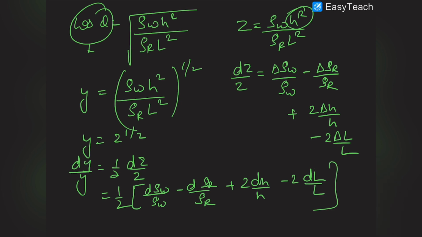Okay, so now we can also write down that h is equal to volume of liquid upon area of the container. So dh by h will be equal to dv by v minus dA by A. Okay, so we can write it down like that.